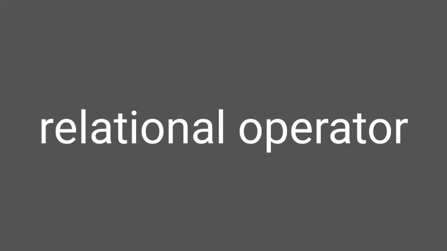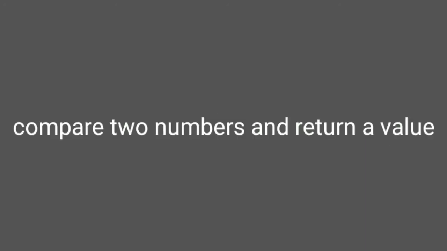Second type of operator is relational operators. These relational operators compare two numbers and return a value. The result that we finally get will be either a true or false value.